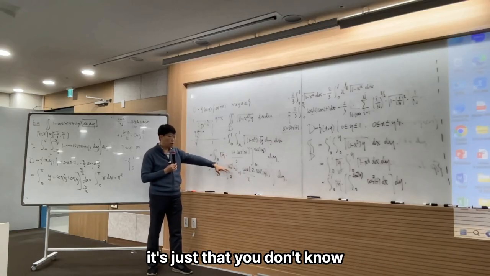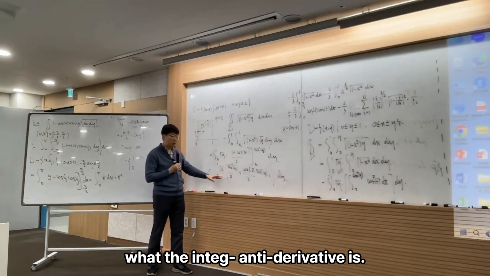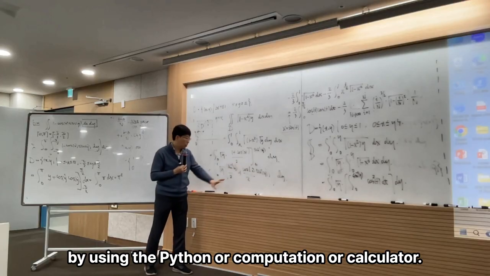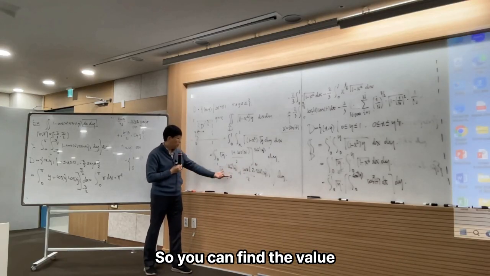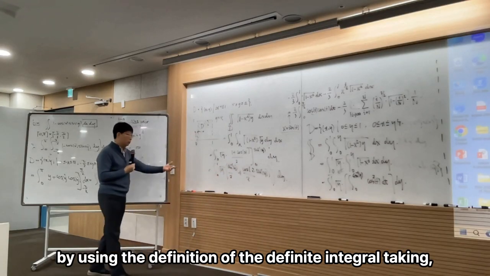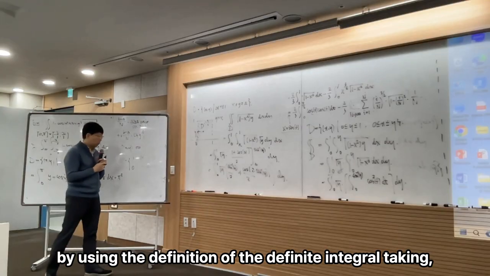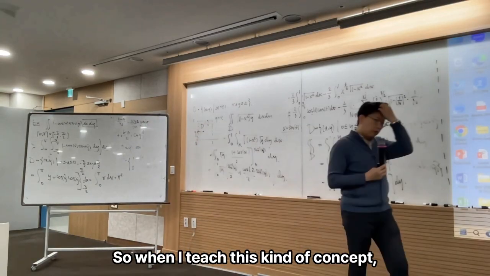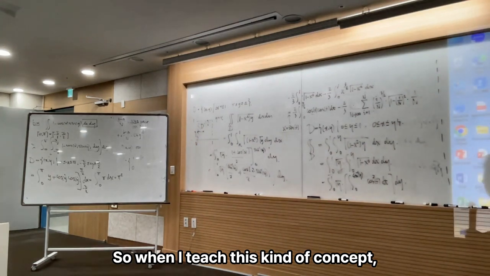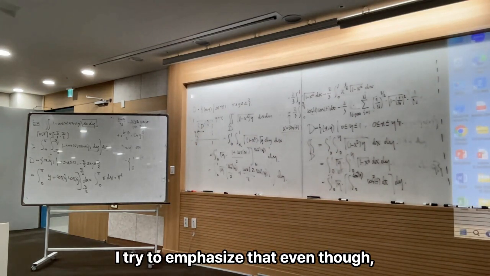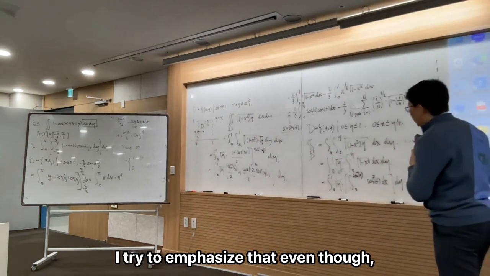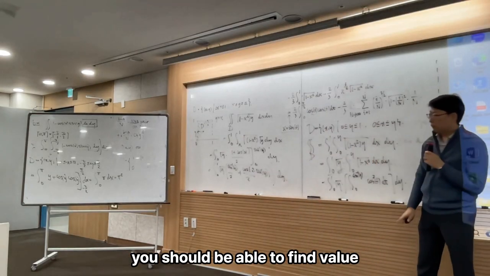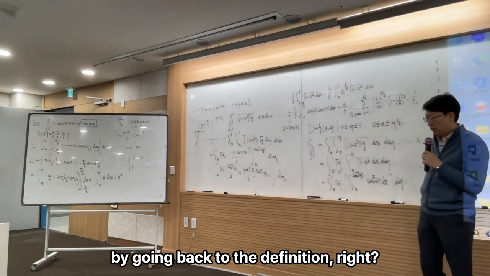It's just that you don't know what the antiderivative is. You can compute the value of the function easily by using Python or a calculator. So you can find the value by using the definition of the definite integral, taking the limit. When I teach this kind of concept, the definite integral, I try to emphasize that even though you don't know the antiderivative, you should be able to find the value by going back to the definition.